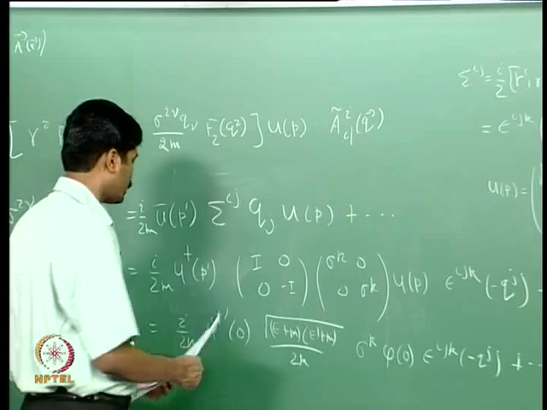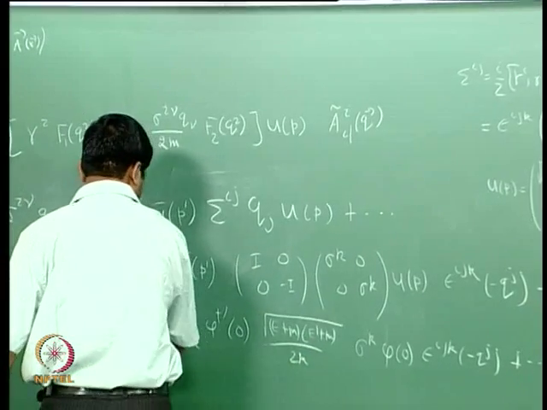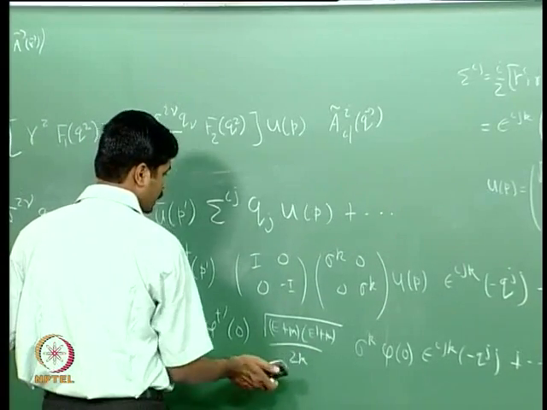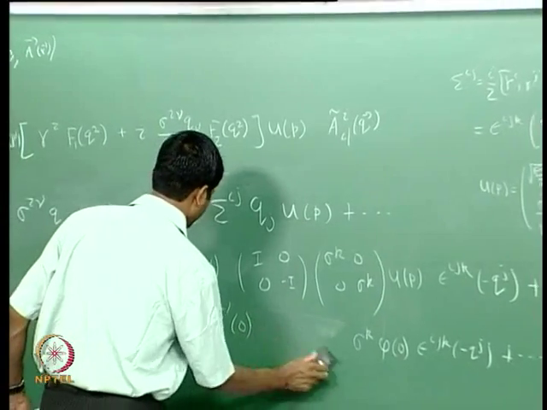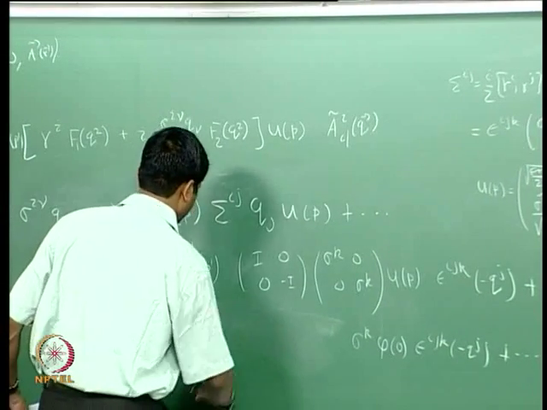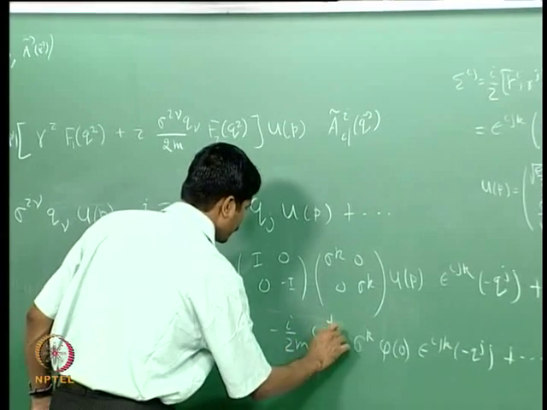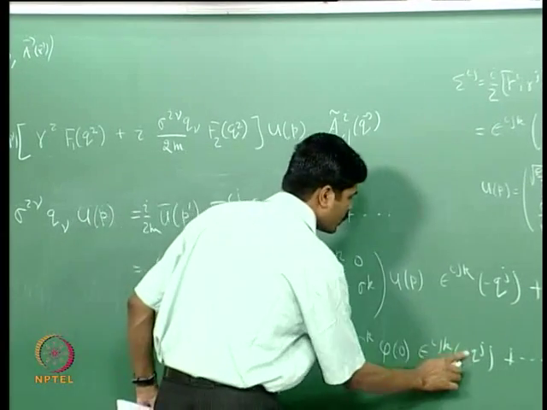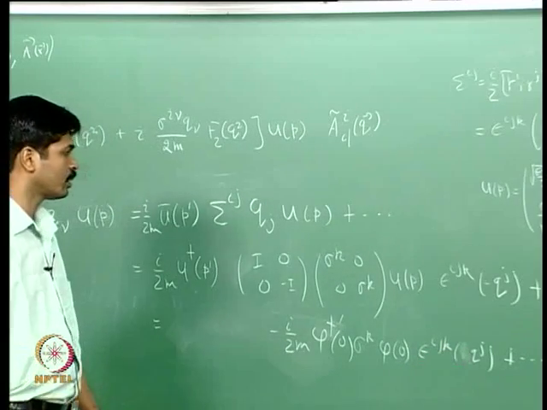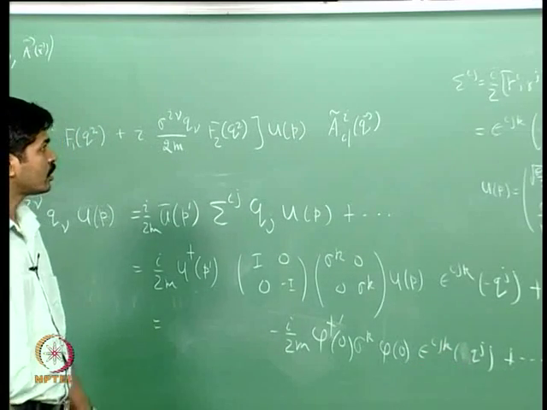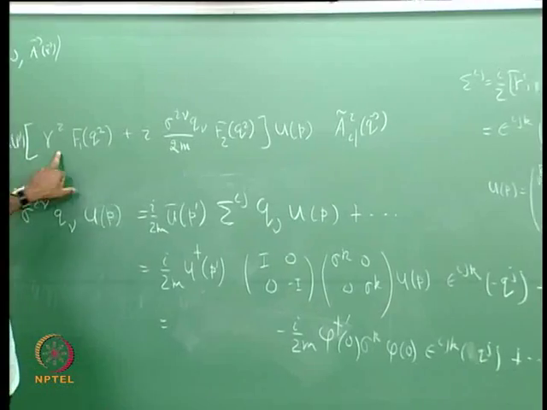Okay, so this is just 1. So what I get at the end of the day is minus i over 2m phi dagger prime of 0, this thing. Okay. So we have evaluated both the terms here.